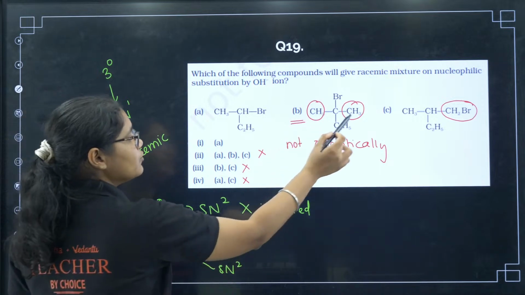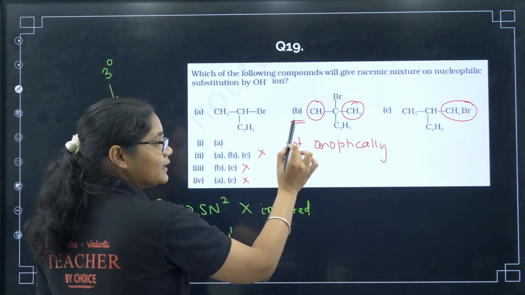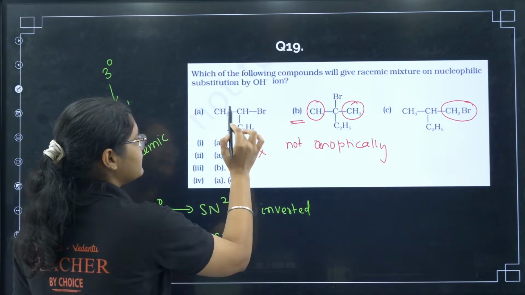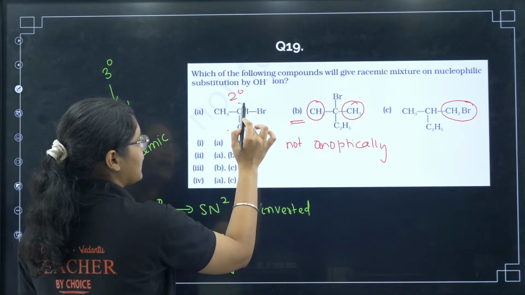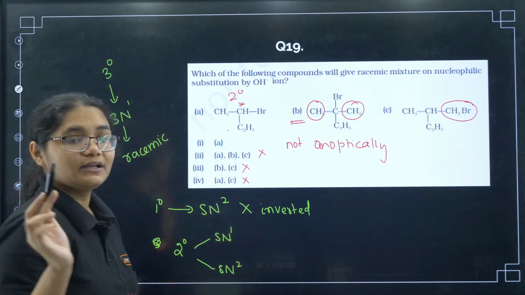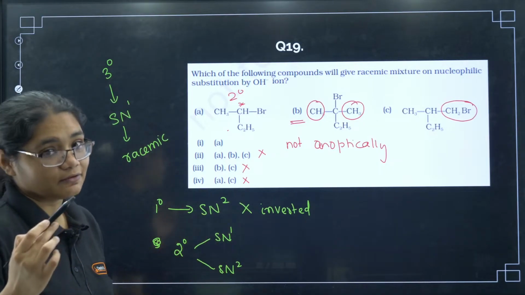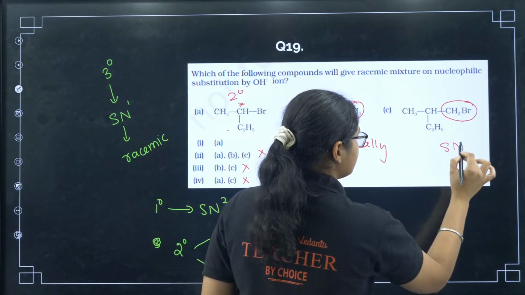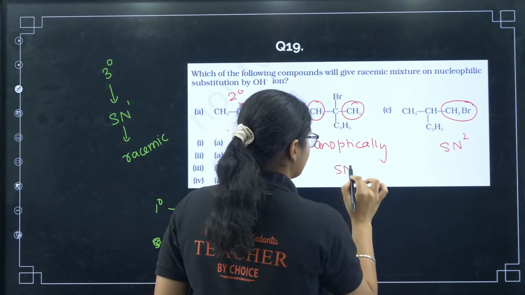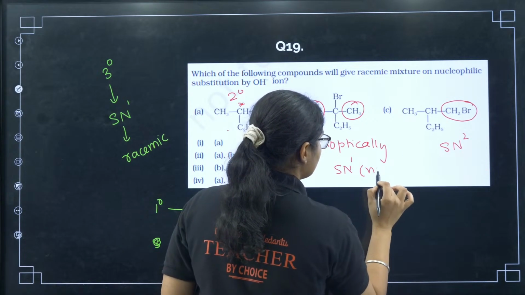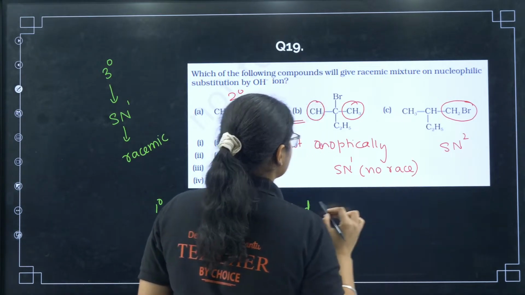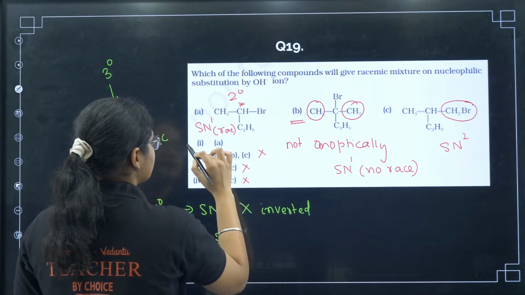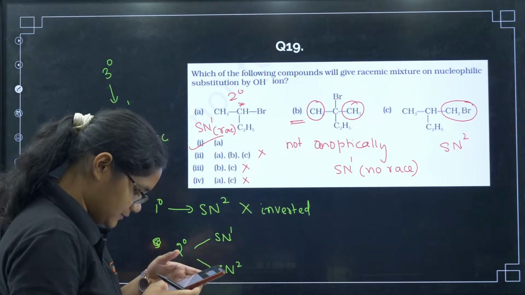Here we have 2 groups that are the same. So B will undergo SN1 reaction, but there will be no racemization. A, this is a secondary group and this carbon is also chiral, so it will undergo SN1 reaction and there will be racemization also. So this one will undergo SN2, this one will undergo SN1 but no racemization, this one will undergo SN1 with racemization. So we have only option number A, that is 1.